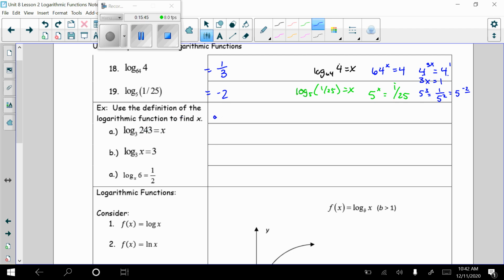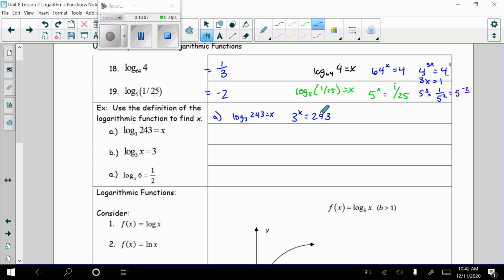So if I have for part A here, log base 3 of 243 is equal to x, I'm going to rewrite this as an exponential equation so that I can find the value of x. All right, so 3 to the x power is equal to 243.